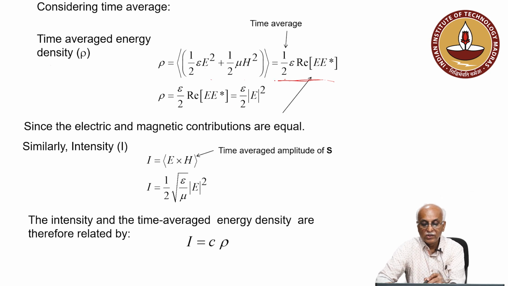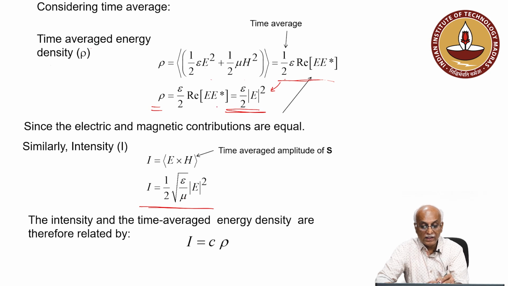With a little simple further simplification, we end up with the average energy density of the electromagnetic wave, which is given by this term. On the other hand, the intensity, which is E cross H bar, if we derive it based on the previous condition, will be given by this term.